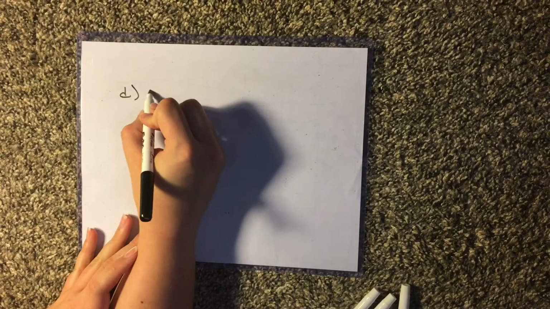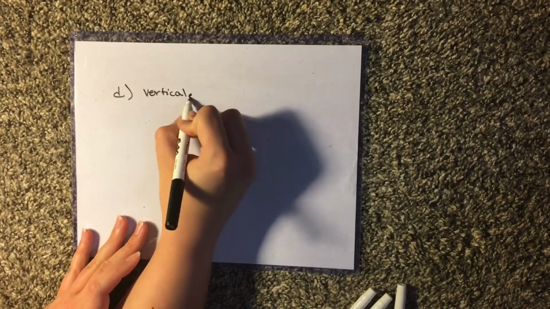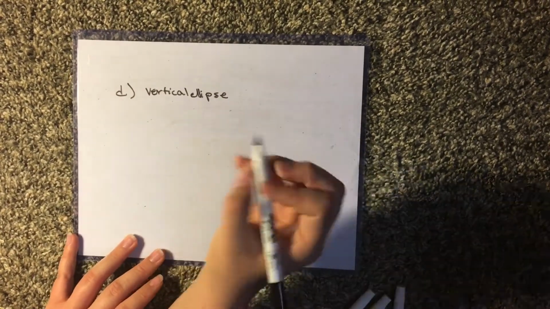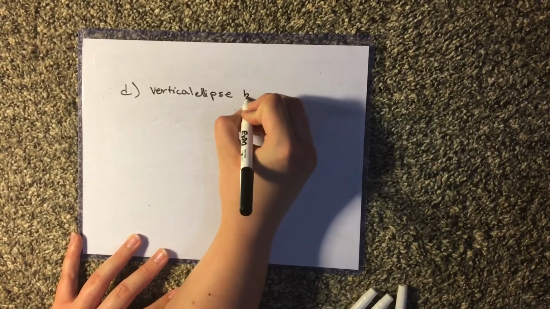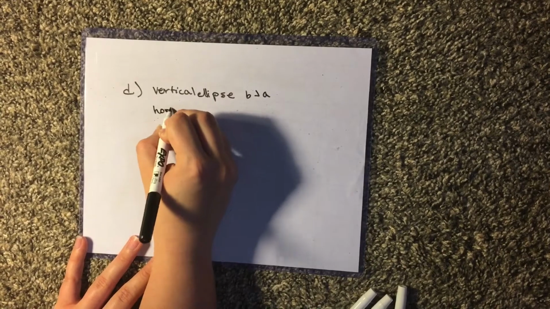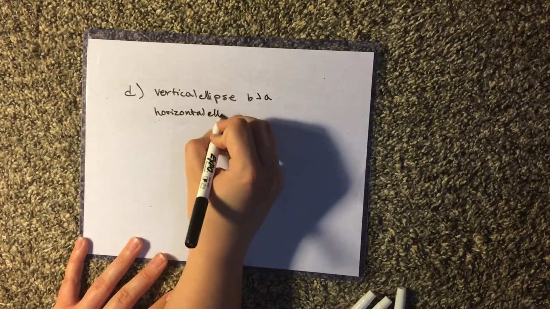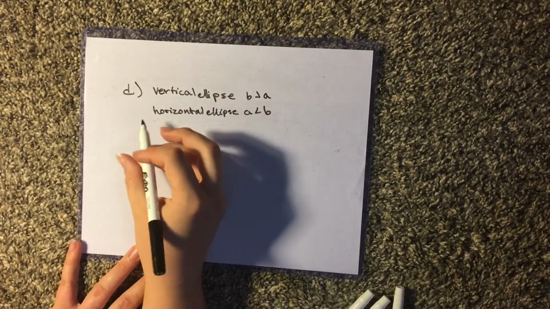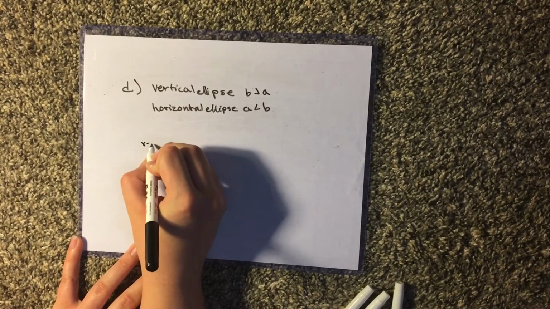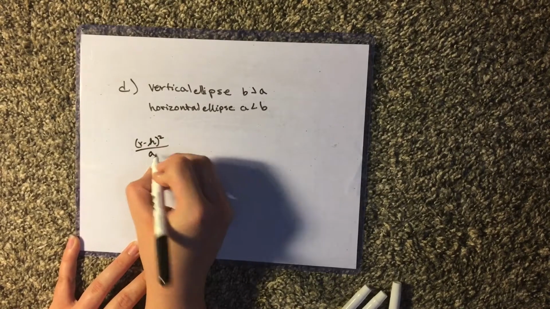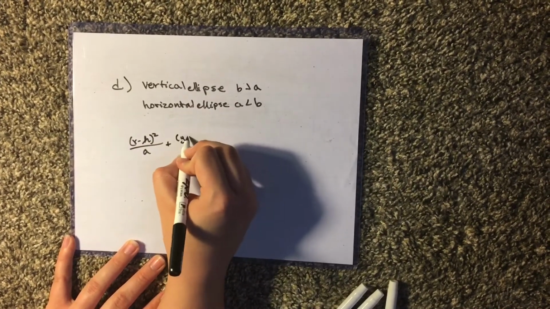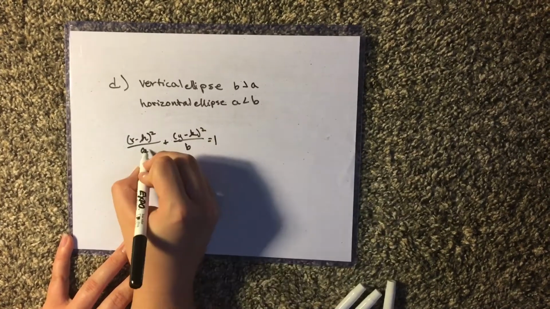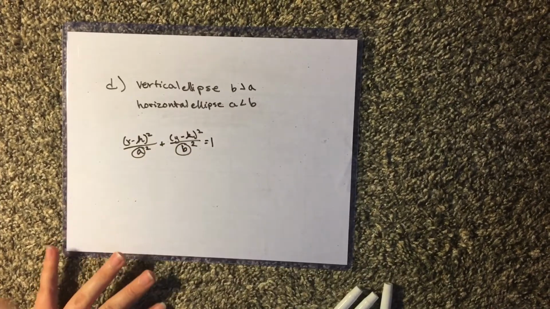So what I do know is a vertical ellipse is going to have B greater than A. And a horizontal ellipse is going to be the opposite, which is A greater than B. And this is, of course, coming from the original, which is (x - h)² over A plus (y - k)² over B equals 1. It's these two. And they're actually squared. I forgot to do that in the past.